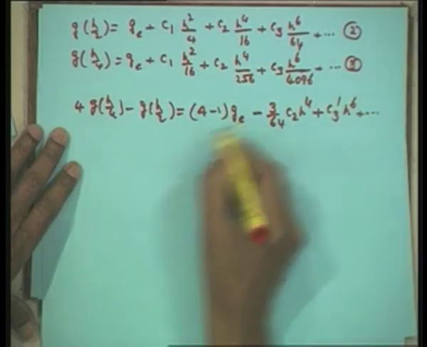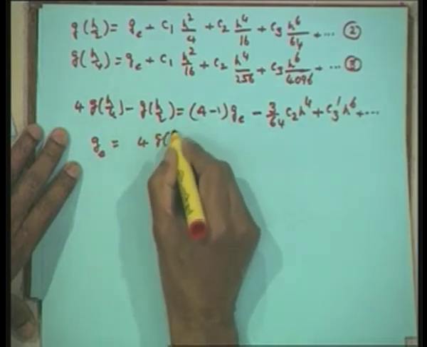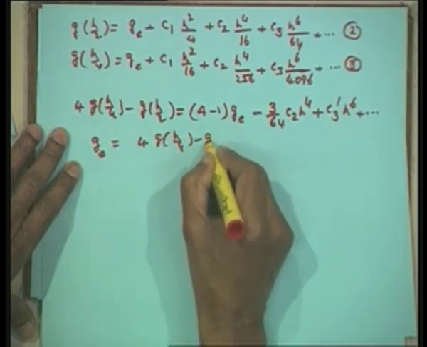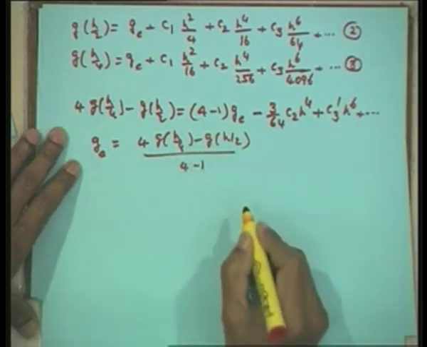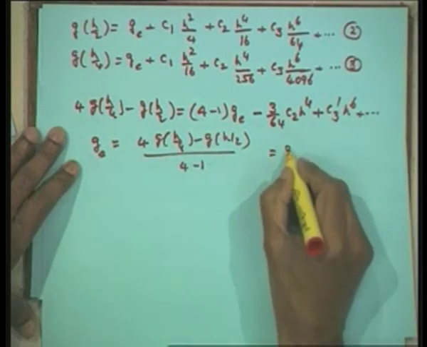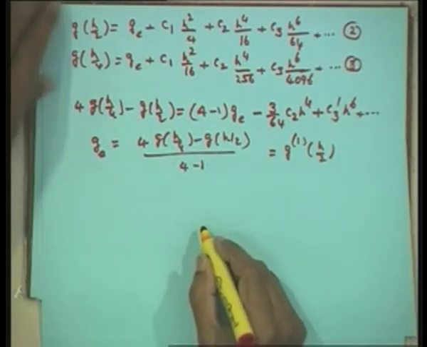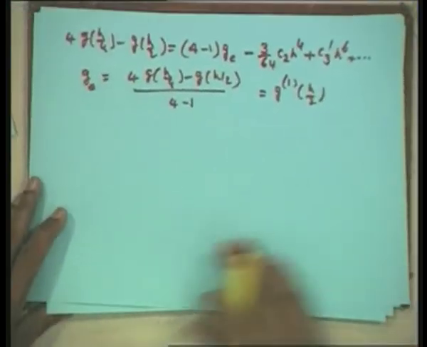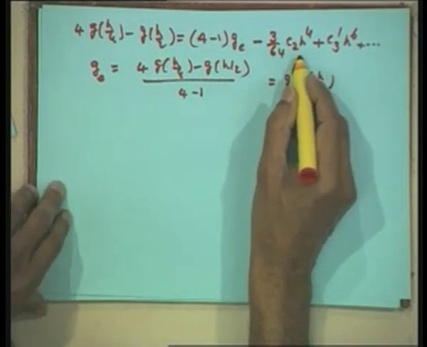Now, I can determine G(E) from here again. G(E) is equal to 4 into G(h/4) minus G(h/2) divided by 4 minus 1, and this I will denote as G1(h/2). Now, again C1 h square has been removed from here.